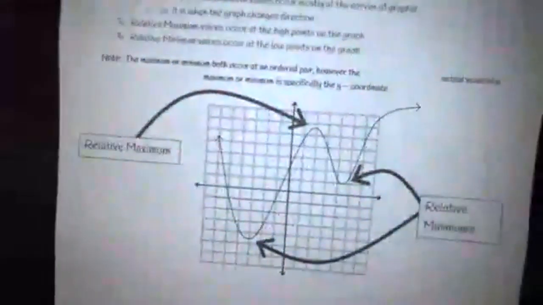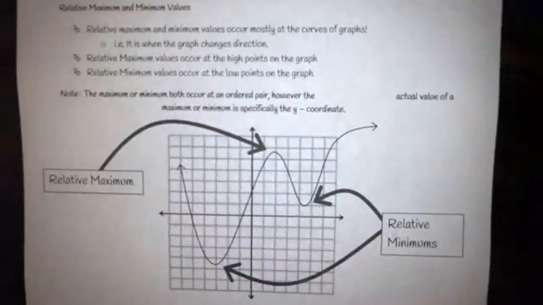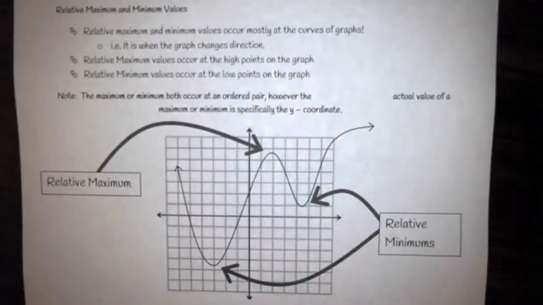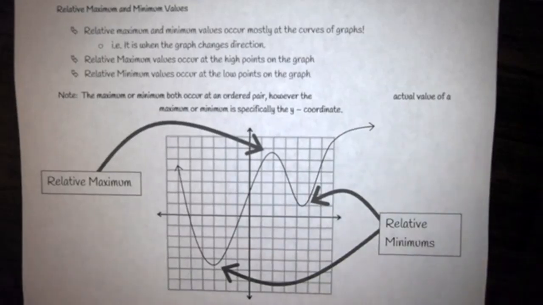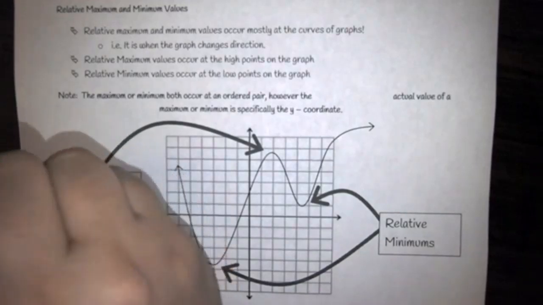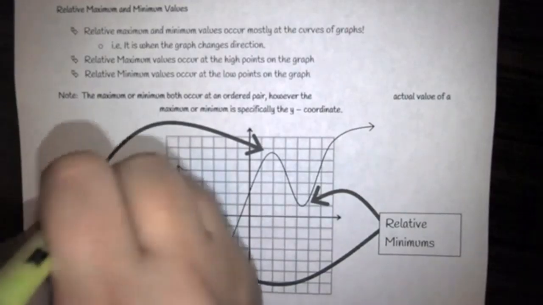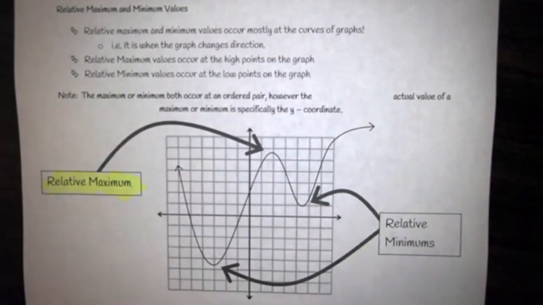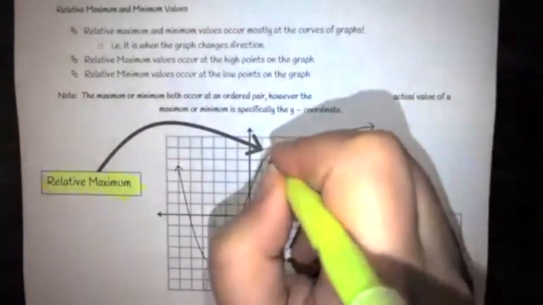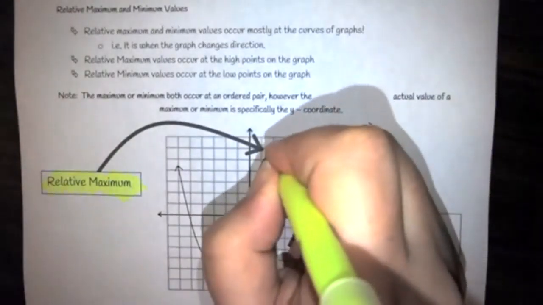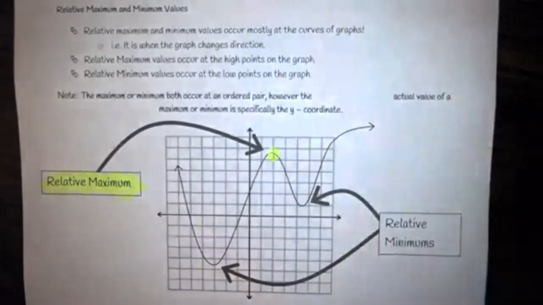Now, another thing that we have to look at is called relative maximum and minimum values. Okay, so again, when we're talking about relative max and min, we're talking about your peaks or your valleys. Okay, so here we're talking about a relative maximum, and my relative maximum is going to occur at this specific spot right there.